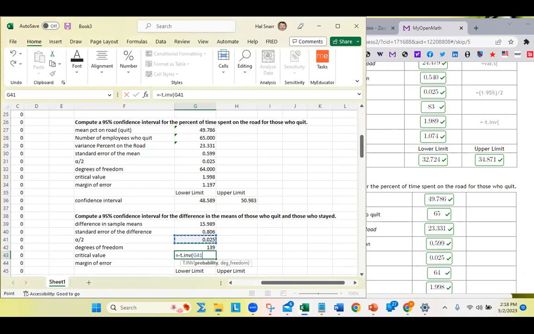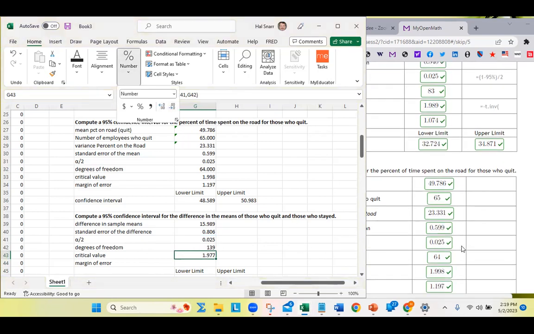Then type a comma, and it's asking for the degrees of freedom, in my case 139. So I have equal minus T.INV, the cell that contains my alpha divided by 2 level, 0.025, comma, the cell that contains my degrees of freedom, 139. And I get a t value of 1.977.